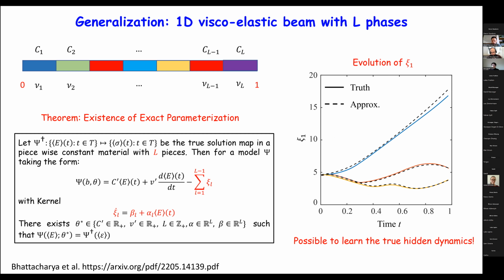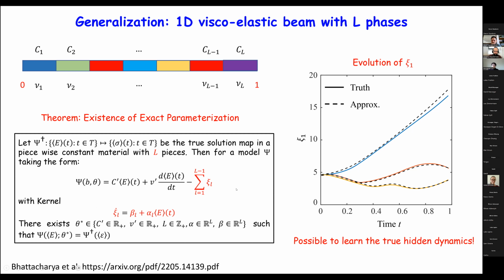And importantly, we can also show that our system learns the true evolution law of the state variables. For example, we know from our theory that the evolution law of the state variables is given by a linear ODE shown here.